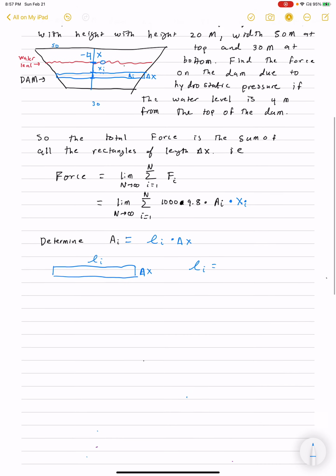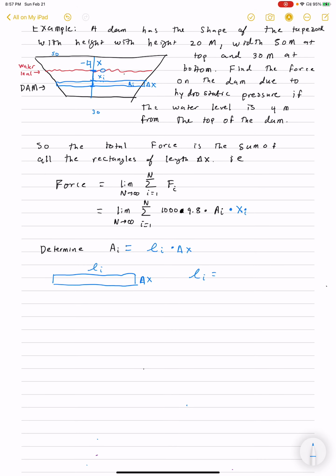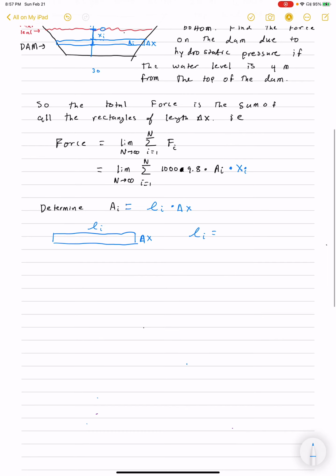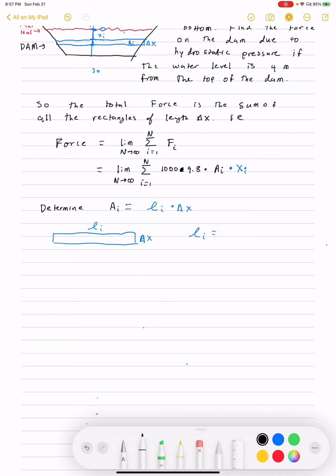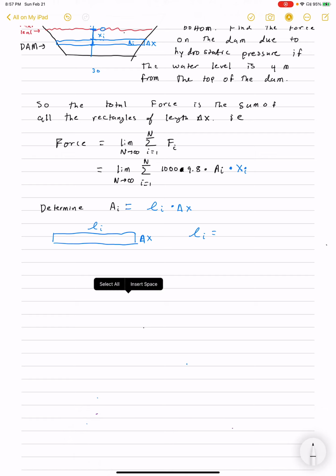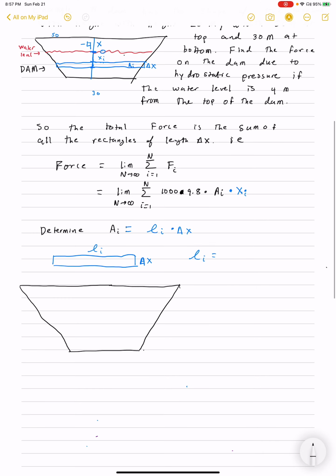Well, let's look at this equation just a little bit more. And I'm going to recreate this. So let's go with this recreation. Okay.